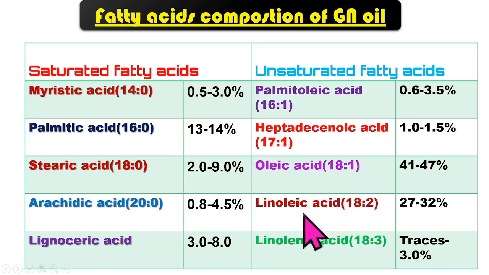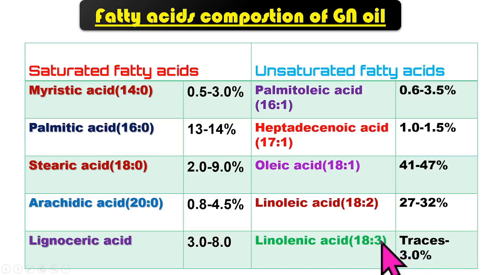Next, another unsaturated fatty acid is linoleic acid. It is a polyunsaturated fatty acid because it contains two double bonds. It contains 18 carbons like oleic acid and its percentage is 27 to 32%. The third unsaturated fatty acid present in groundnut oil is linolenic acid. This linolenic acid is known as an omega-3 fatty acid. It contains three double bonds.